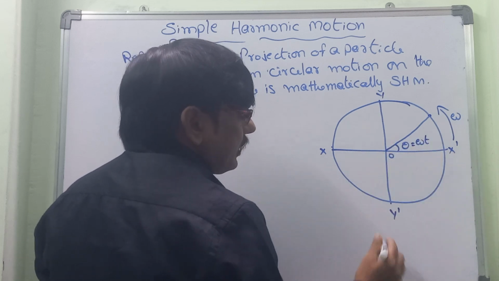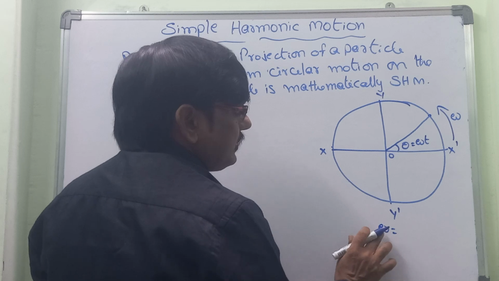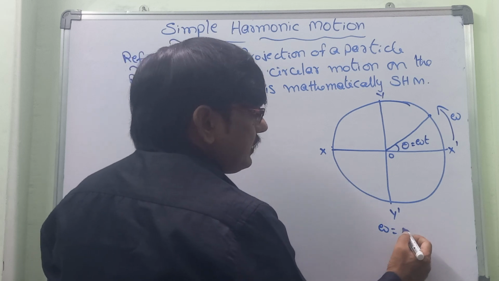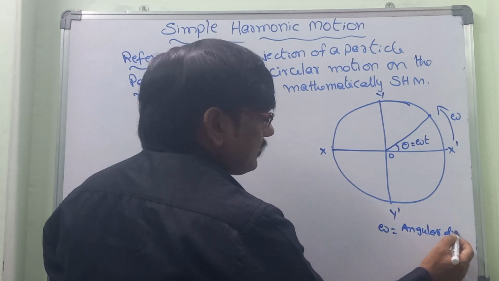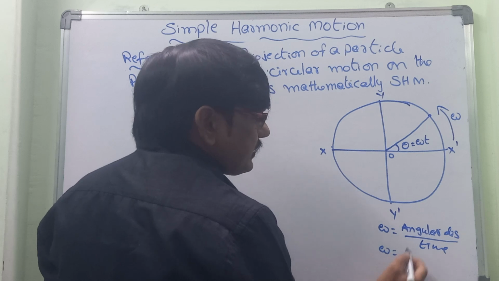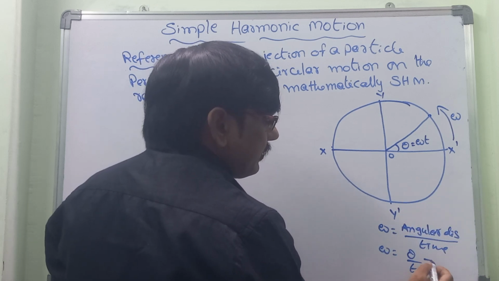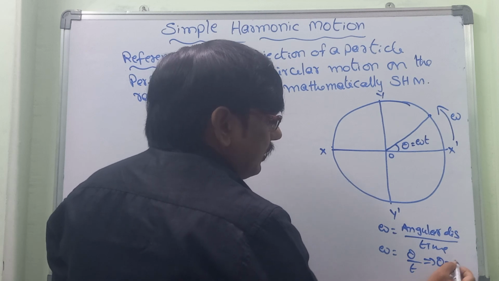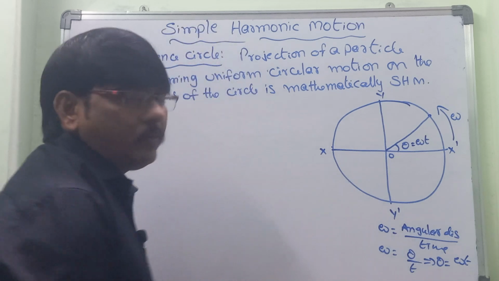How is this omega t? Omega is the angular velocity, that is angular displacement by time. So omega is equal to angular displacement theta divided by time t, and so theta is equal to omega t.